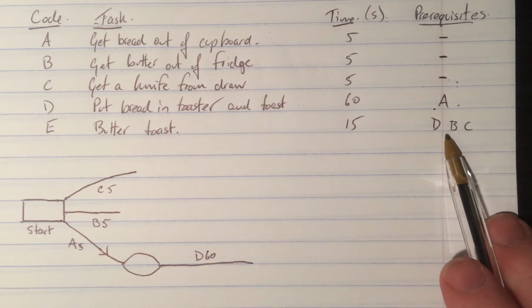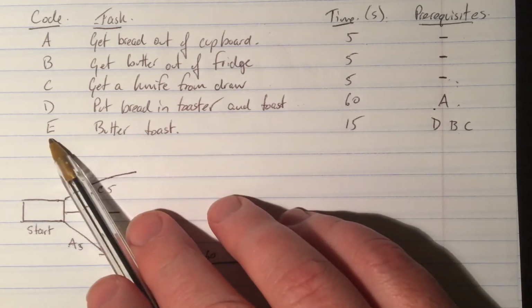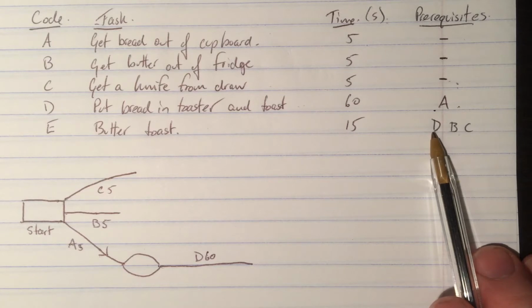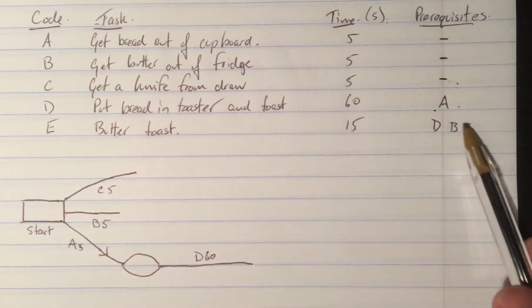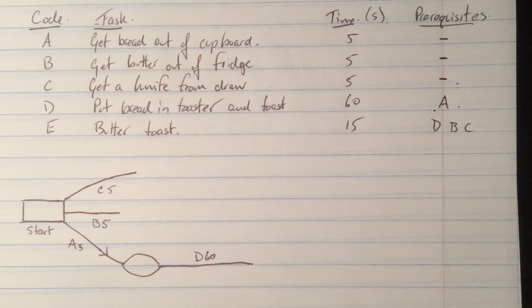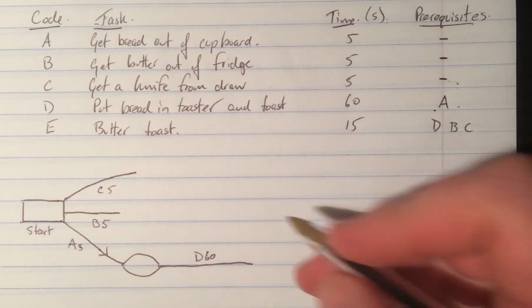Next we'll have to have a node that E can come out of. Now the activities that need to be going into the node that E is coming out of are D, B, and C. So we need a node that D, B, and C are all going into.